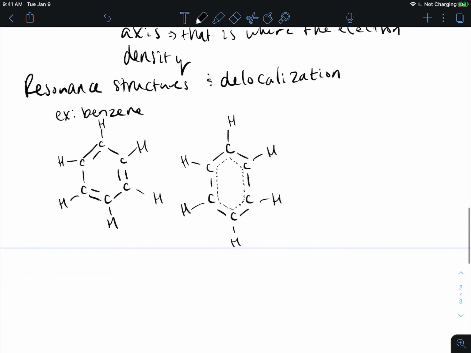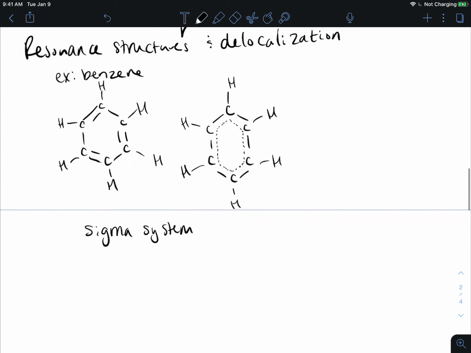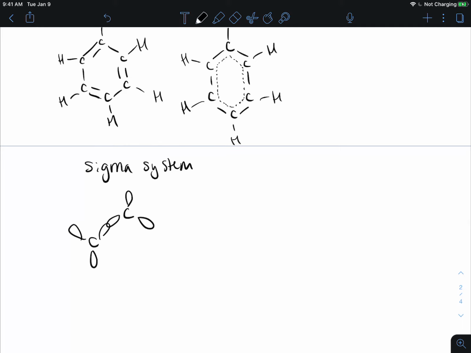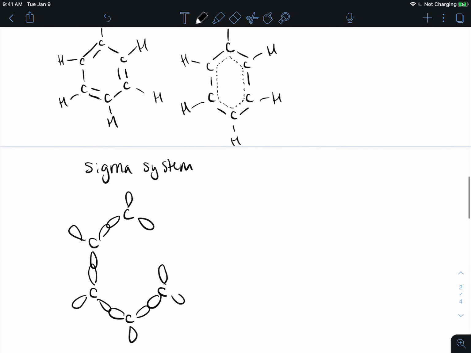So if we look at this, we can look at our sigma system, our system of sigma bonds. And we get something that looks like this.